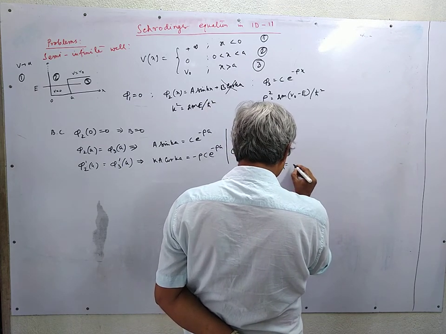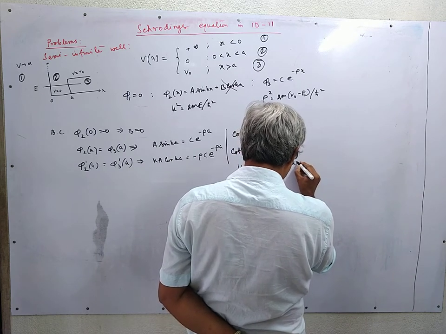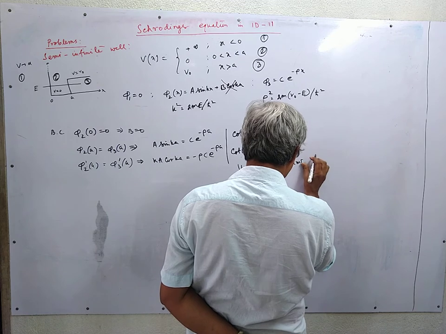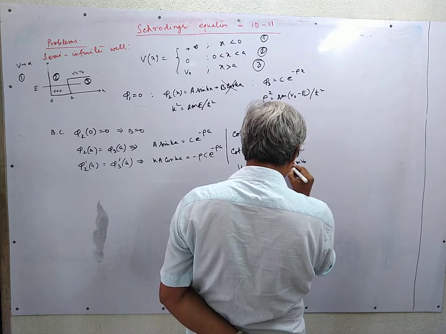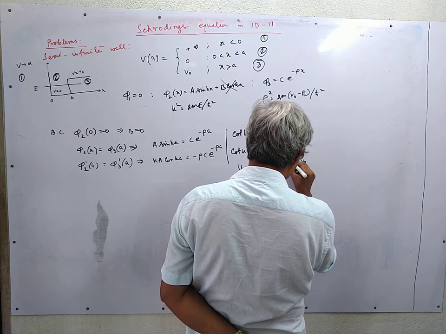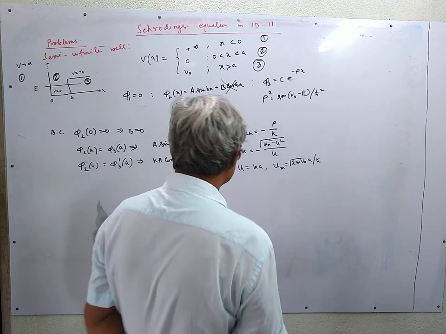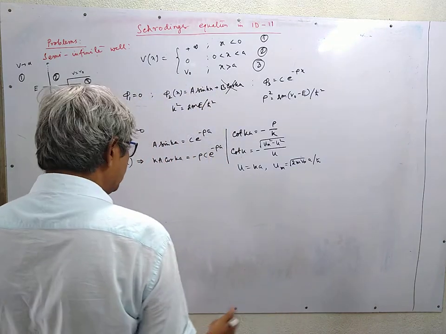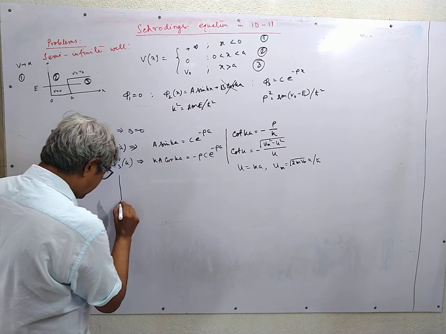u_m is equal to square root of 2m V0 times a by h-bar. It is the strength of the potential, and the solution is obtained as in this graph.